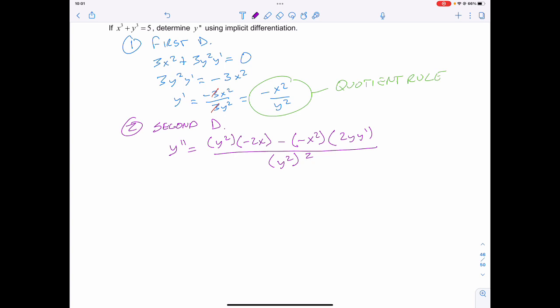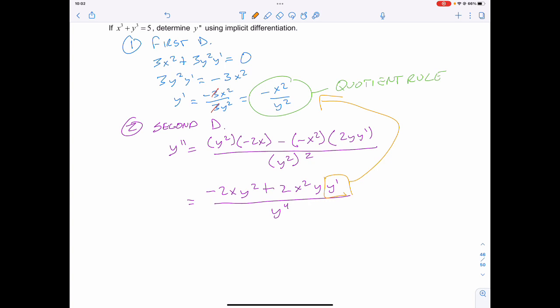All right. Then I'm going to say that this is going to be equal to negative 2x y squared plus 2x squared y and y prime all over y to the 4. Well, wait a second. Don't we already know what y prime is? We solved it right there.